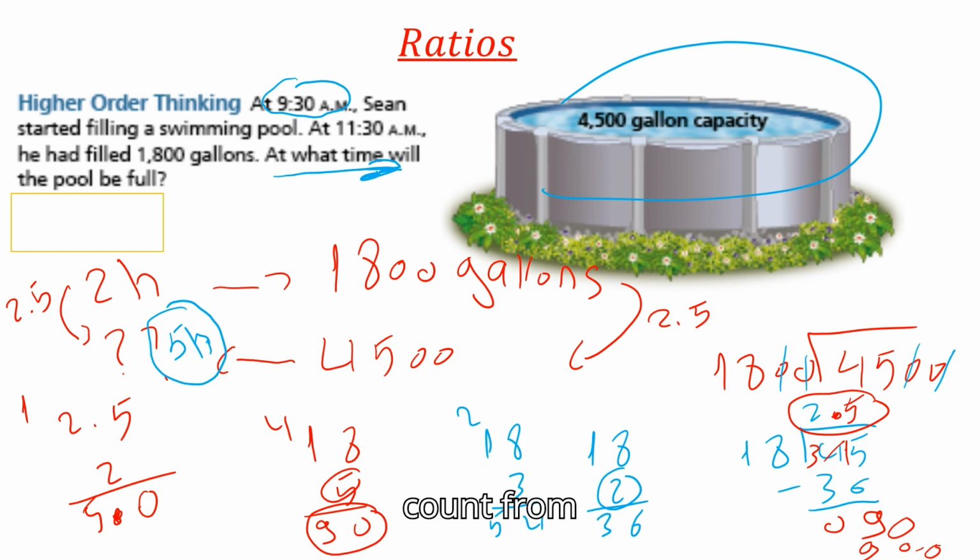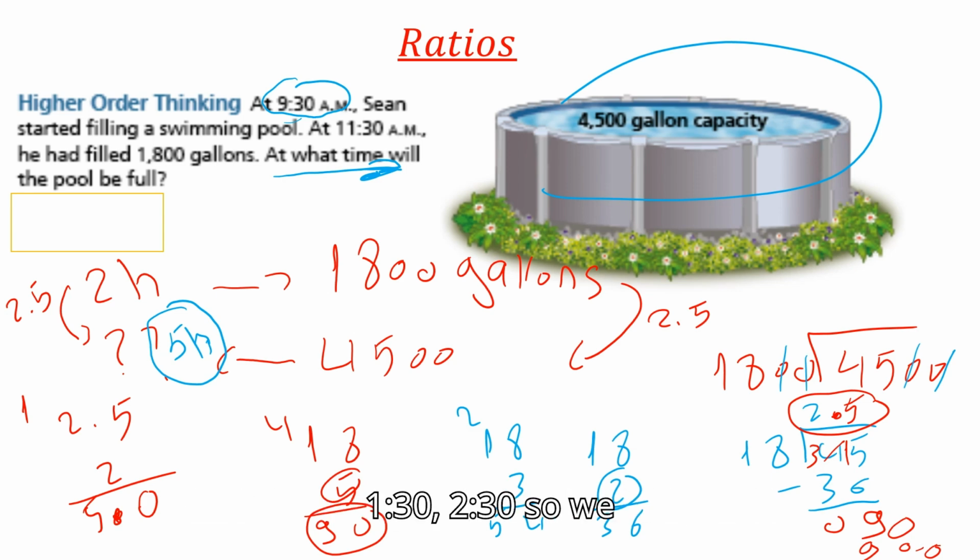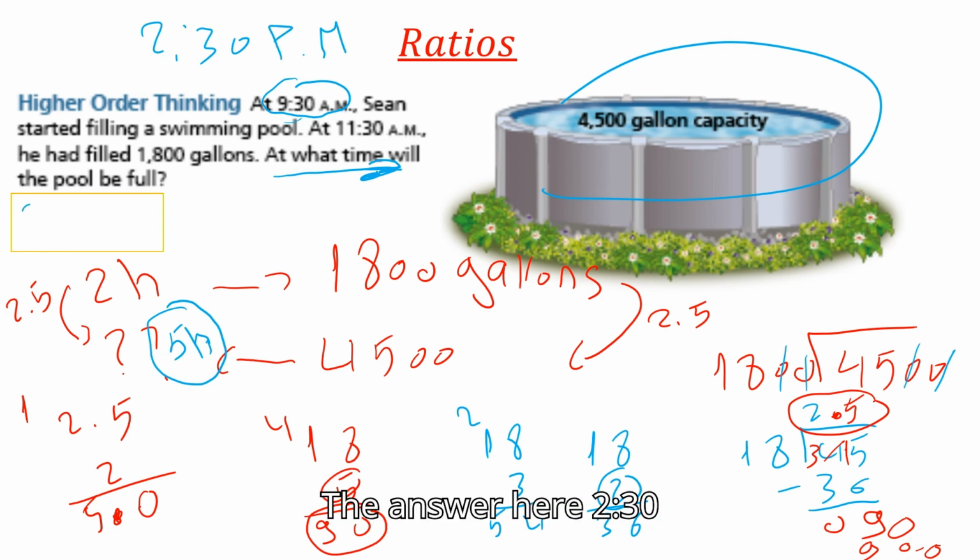So count from 9:30, 5 hours. 9:30, 10:30, 11:30, 12:30, 1:30, 2:30. So we get 2:30 p.m. The answer here is 2:30 p.m.